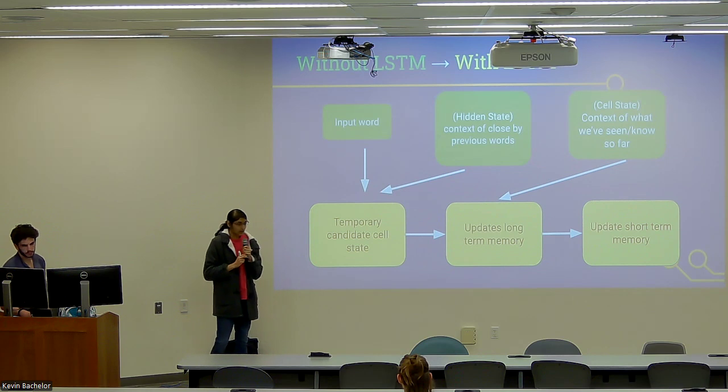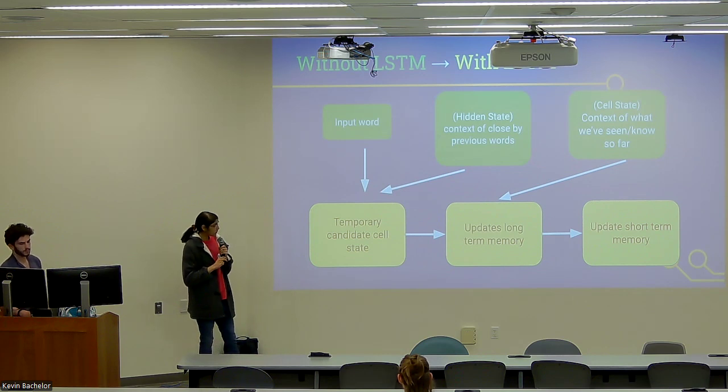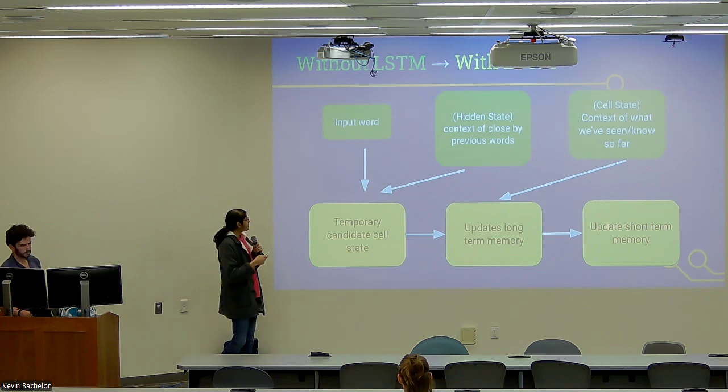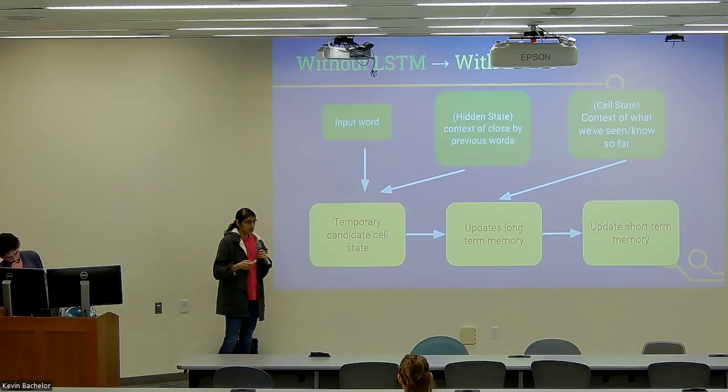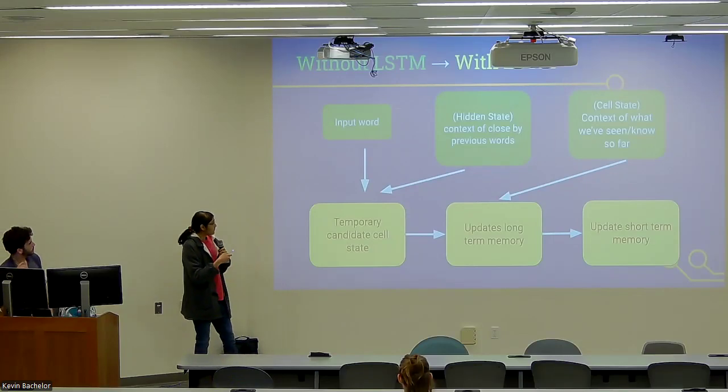So this was a high-level idea of how an LSTM works, and we'll go into a bit more detail. But just to tie in our example with this, let's say the sentence was, the cat jumped over the mat and. So our input word would be and, then we look at the hidden state of mat, the word before and.